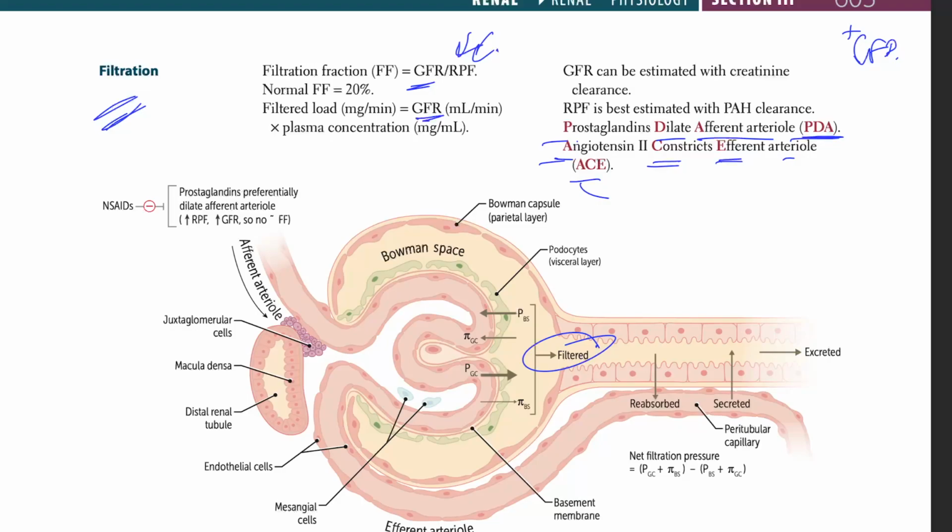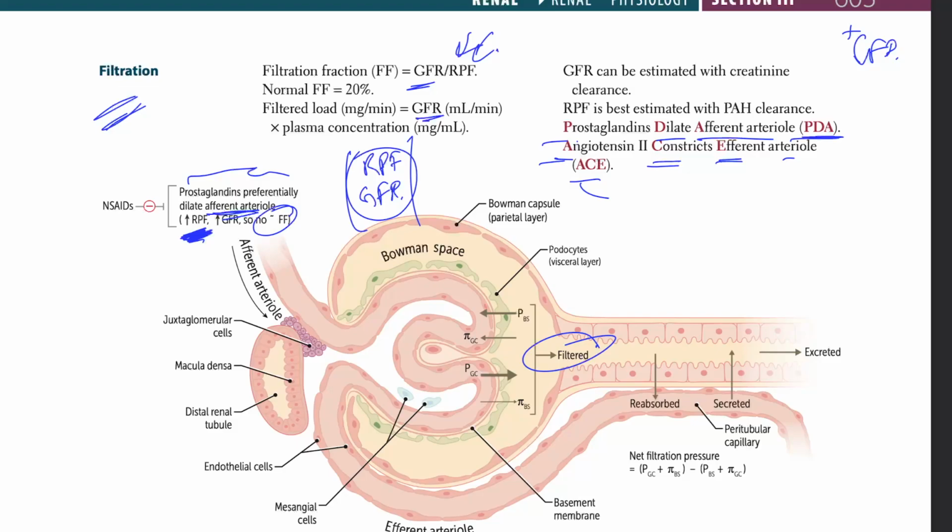Look in here, we have prostaglandins. They preferentially dilate the afferent arteriole. So when you dilate the afferent, guess what? Renal plasma flow increases, and GFR increases. So there is no change in the filtration fraction, because you have changed both of them.